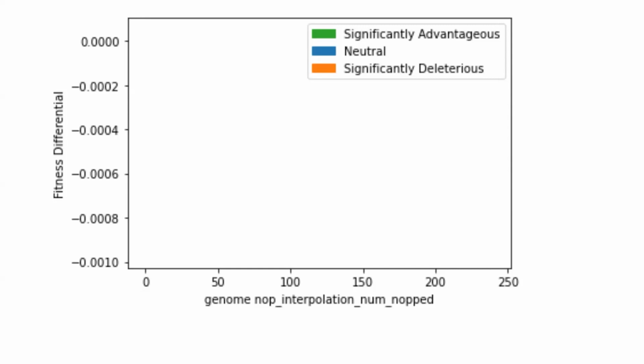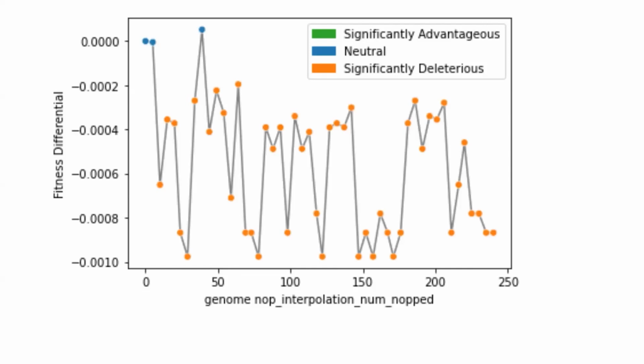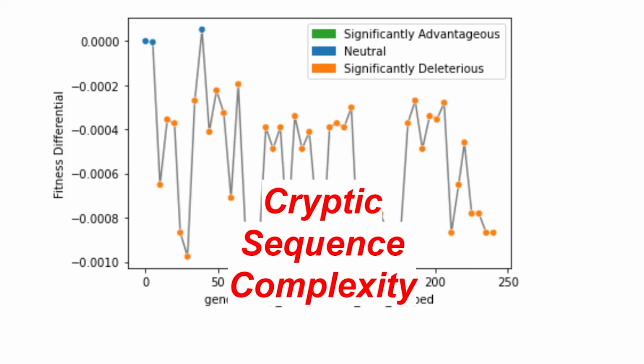On the x-axis of this diagram, I've got the number of sites that get grouped together and knocked out, and on the y-axis, the fitness outcome. You can see the significant fitness outcomes are color-coded orange. When we start sampling even a modest number of these ostensibly neutral sites and taking them out together, we start to see a fitness effect. So it appears that these have some kind of contribution to the functionality of the genotype, but we're not able to detect them through site-by-site knockouts.